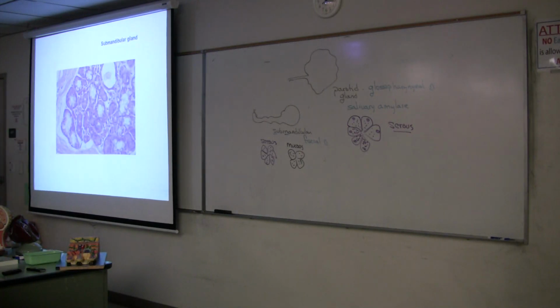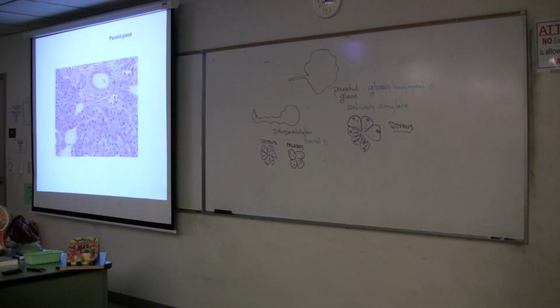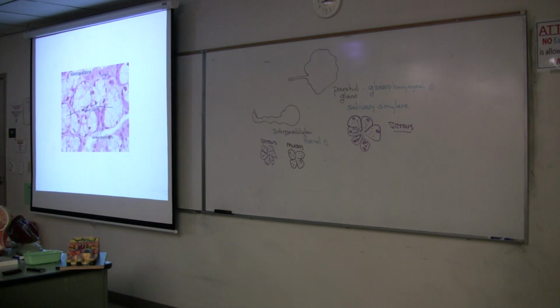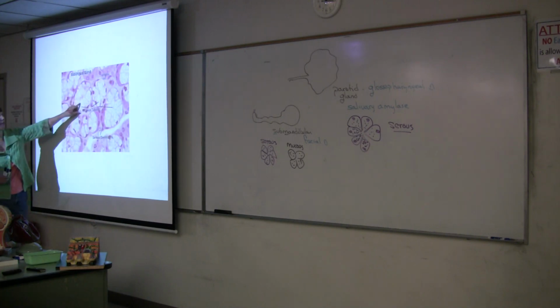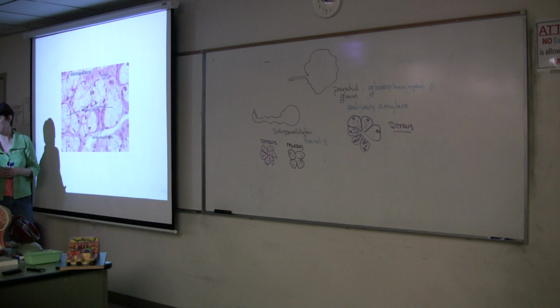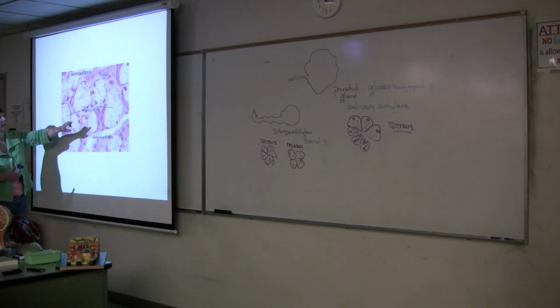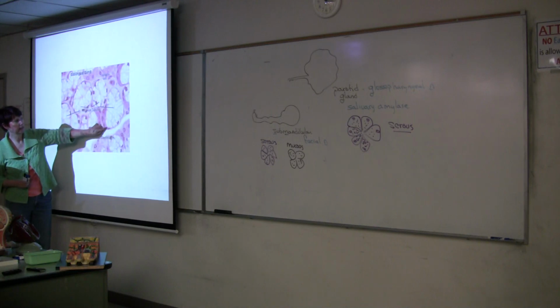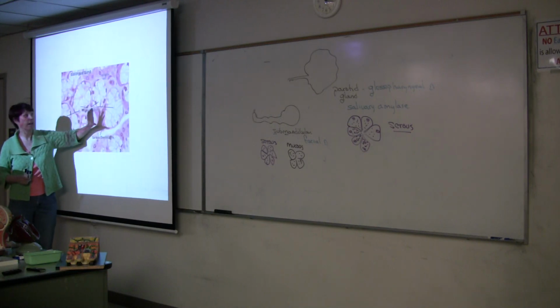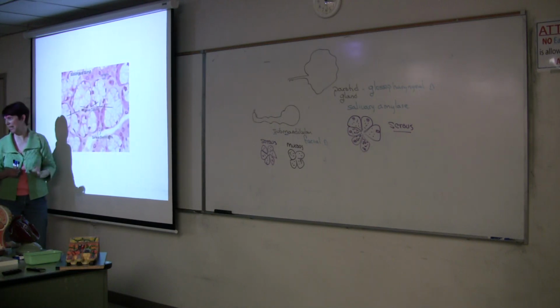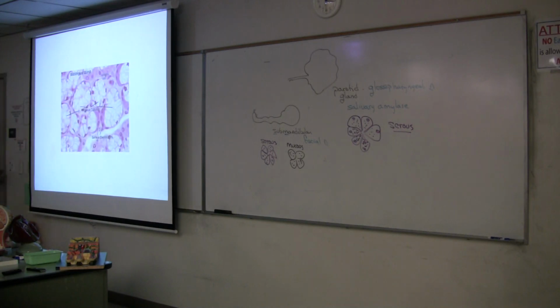And then sublingual is almost all mucus. So this gives you a little better view of the mucus secreting, where the whole cell is filled with mucus. But we do see some serous, which forms a cap on the outside of these little pie-shaped clusters of mucus components.